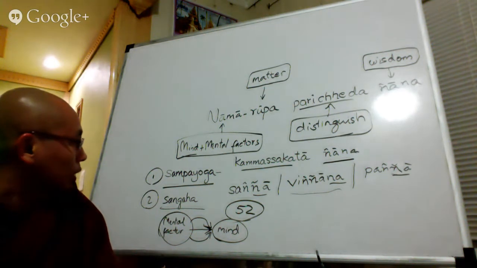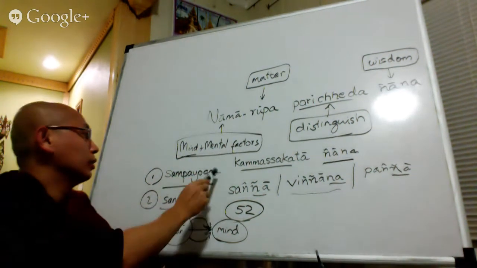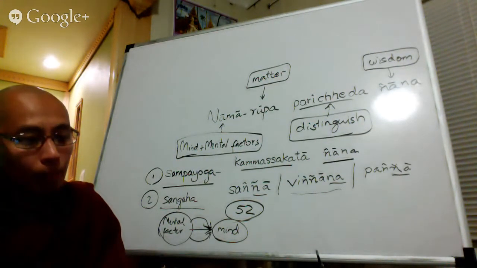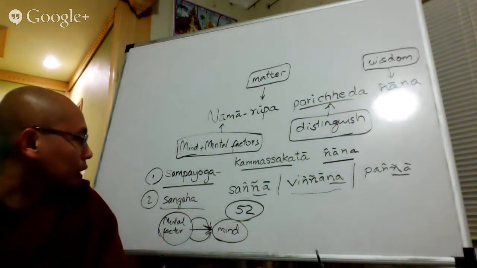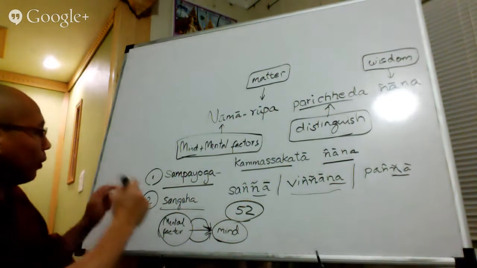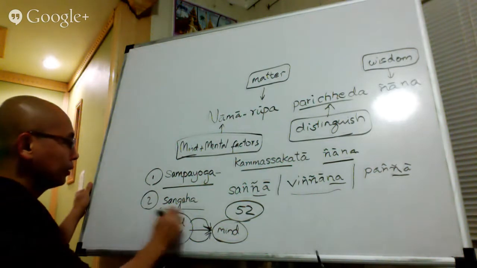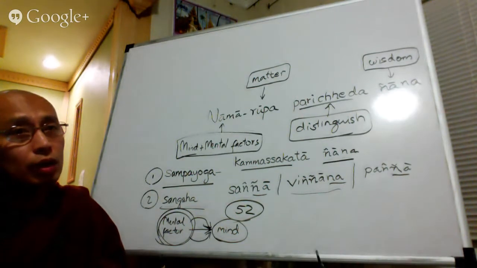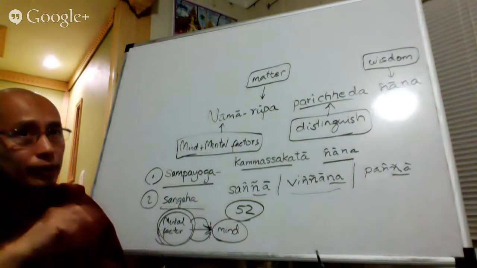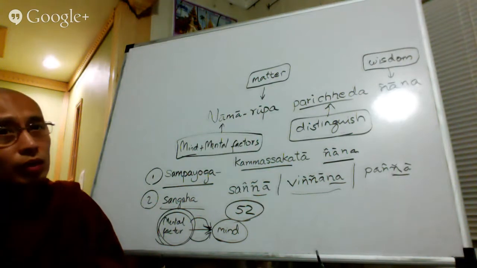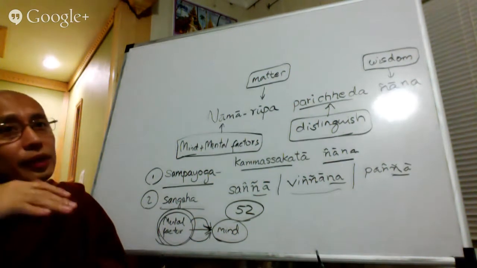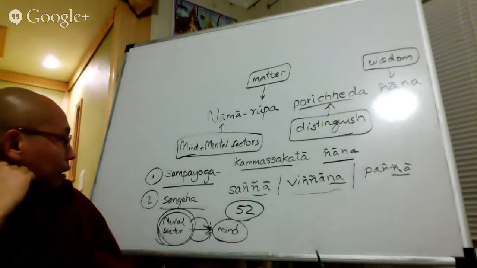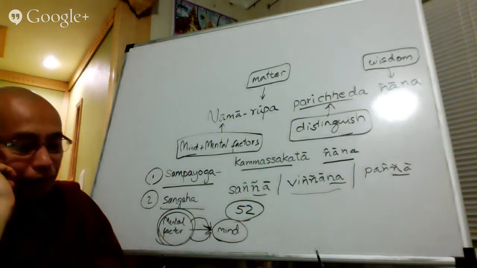So today we learn about the first way of association, Sampayoga. In the Sampayoga way, we make the mental factors primary: we take one or a group of mental factors, and see what kind of mind they associate with.